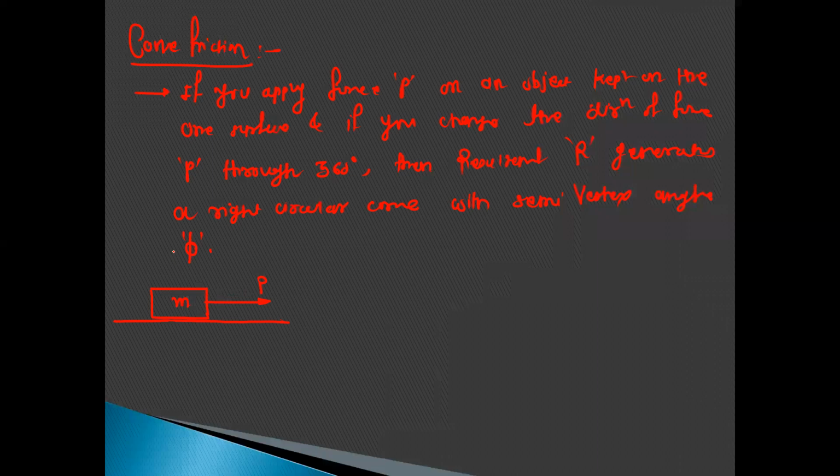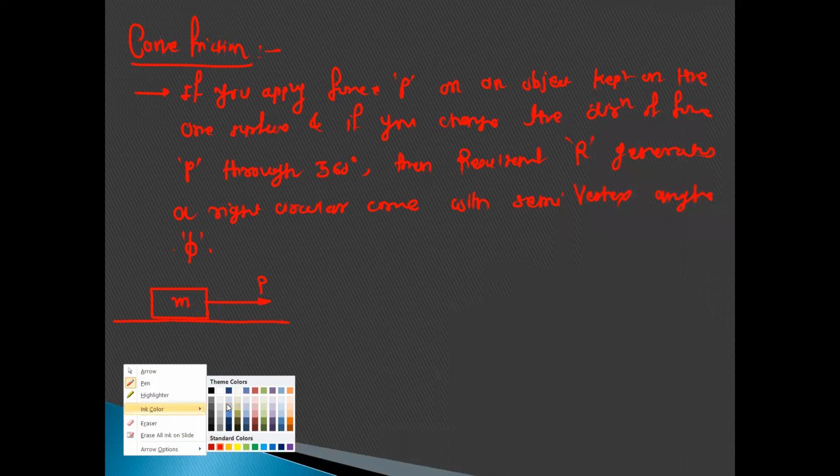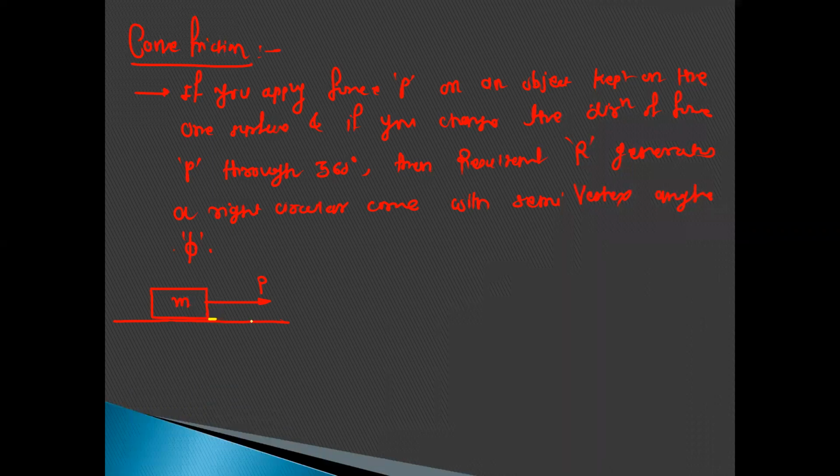Now I will draw the forces on this object. This is the frictional force, and for the static condition, this is F max. We have the normal reaction, which is N. There will be a resultant of these two forces, F max and N, and this is the resultant R. The angle made by this resultant with the normal reaction is the phi value, which we have seen is called the angle of friction.